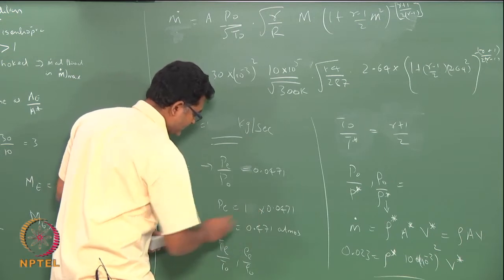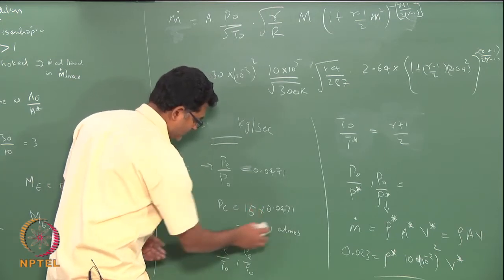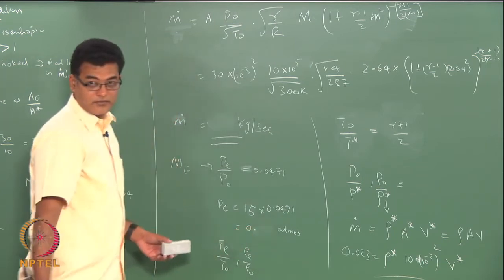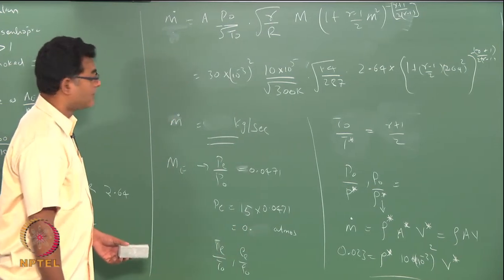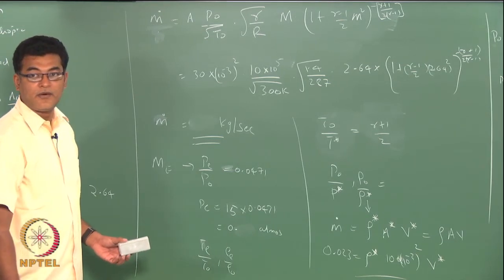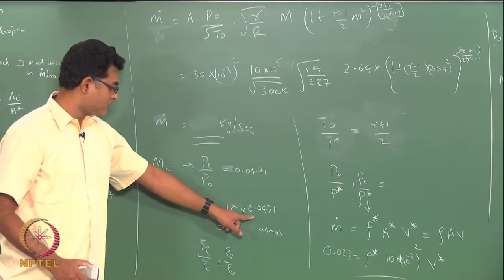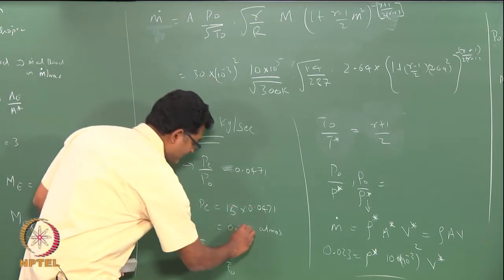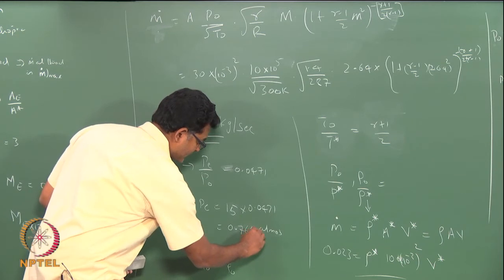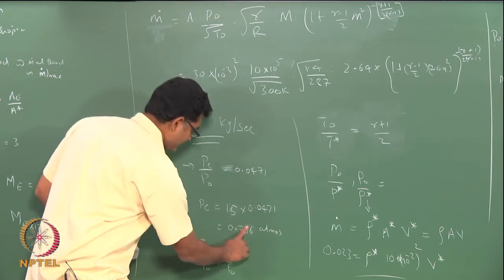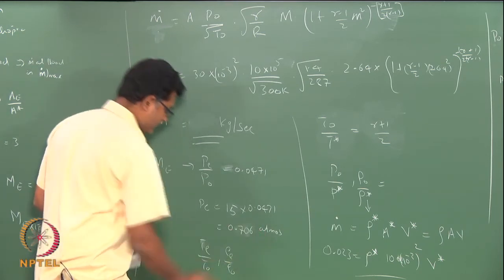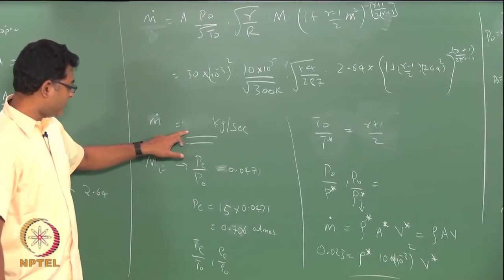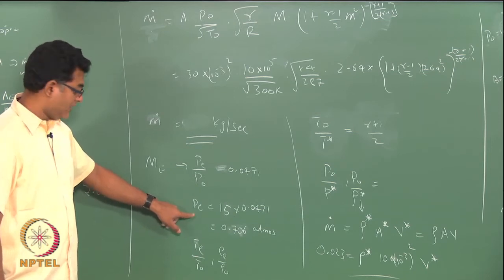So, instead of 10 it is now 15. 15 into 0.047, 0.766.